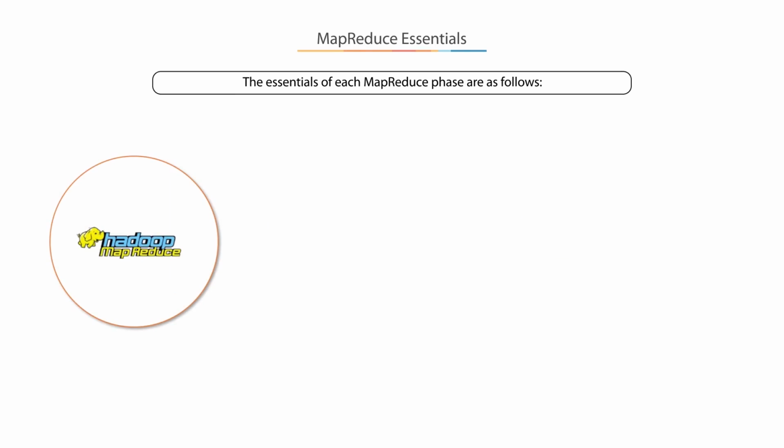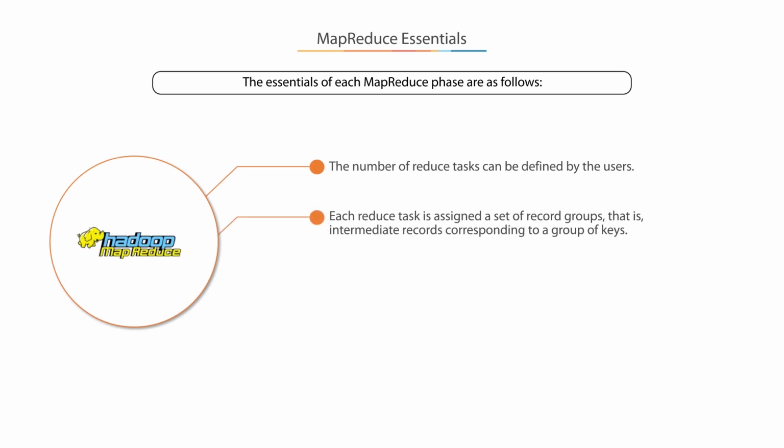The essentials of each MapReduce phase are as follows. First, the number of reduce tasks can be defined by the users. Second, each reduce task is assigned a set of record groups, that is, intermediate records corresponding to a group of keys. Third, for each group, a user-defined reduce function is applied to the record values.